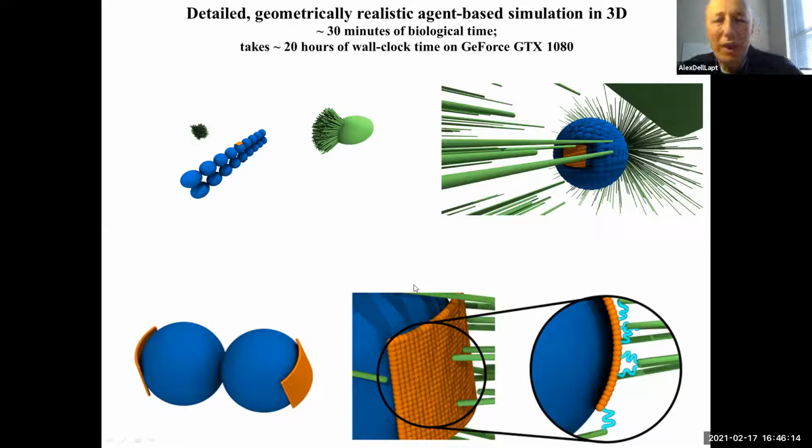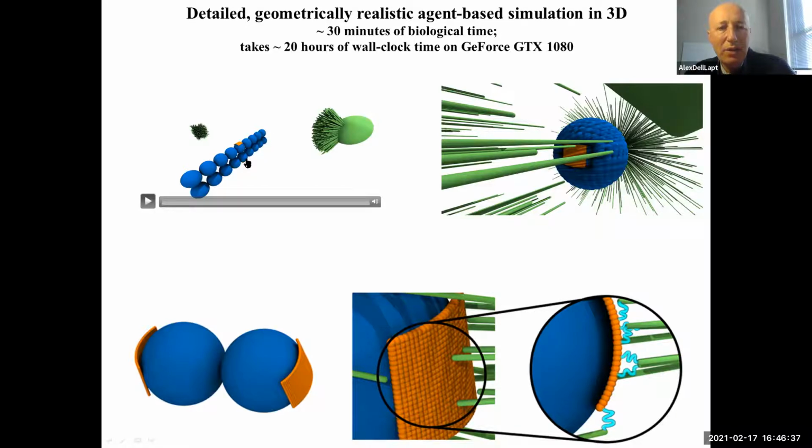So what we finally managed to do is the Monte Carlo simulation of the spindle assembly. We're simply mimicking the growth of hundreds of microtubules from the centrosomes. We have chromosome arms, which are dynamic and bendable.